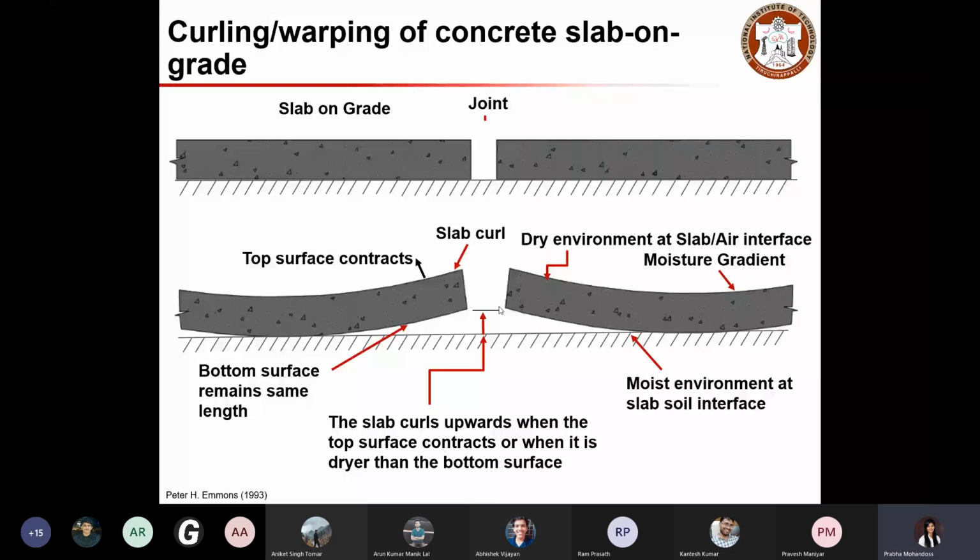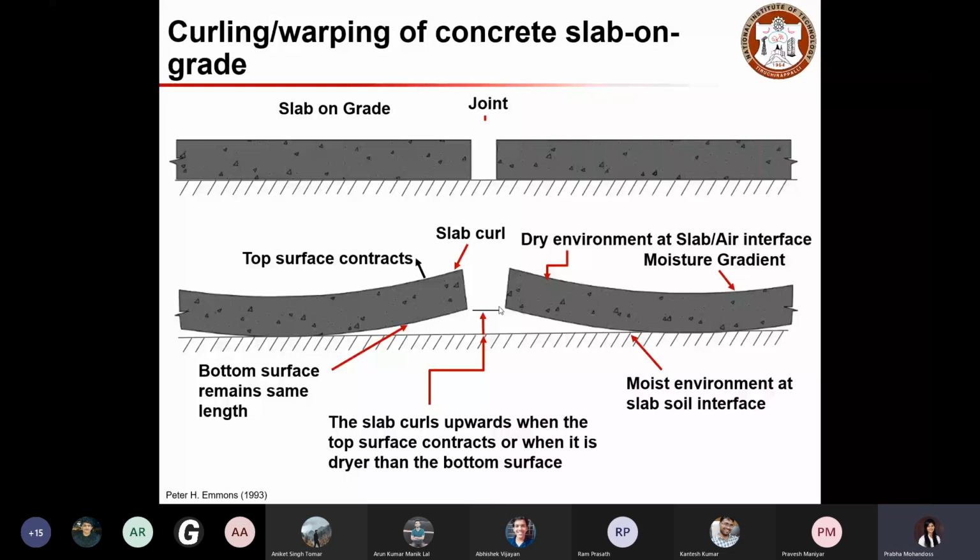The curling and warping of a concrete slab is a very common problem that you can observe on any pavements, because the large surface area of the pavement is exposed to the environmental conditions, which will lead to drying on the top surface. So the top most of the time will be in the dry environment, whereas your bottom will be subjected to a moist environment.